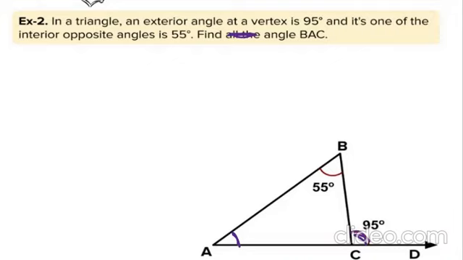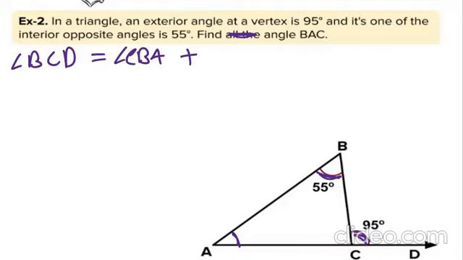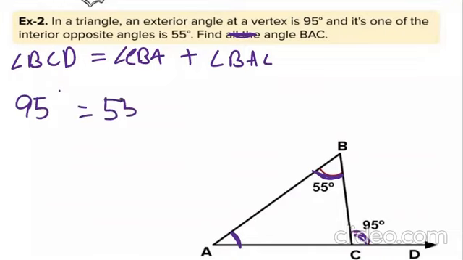We know that BCD is the exterior angle, so as per the theorem, BCD will be equal to the interior opposite angles, that is angle CBA plus angle BAC. Correct? This plus this will give you 95. So it's given that 95 degrees is equal to CBA, that is 55 degrees, plus angle BAC, which we do not know.